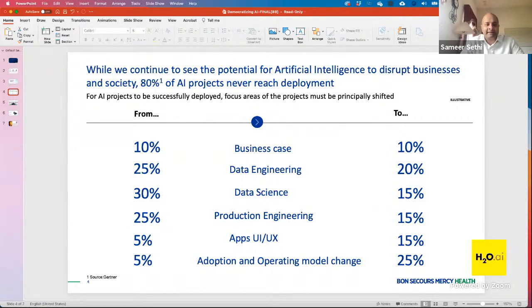While we realize that data and data science are really important to an AI project, more attention needs to be paid to the user and the adoption of these capabilities. We have therefore pivoted quite a bit to focusing on the UI UX element and the adoption of AI capability into the workflow, because in our mind, that's where the missing link is.